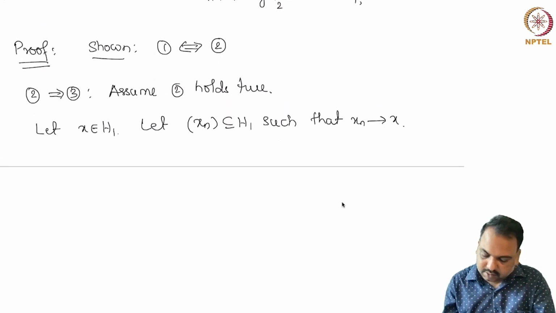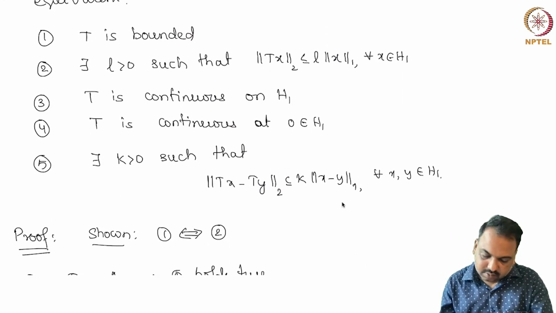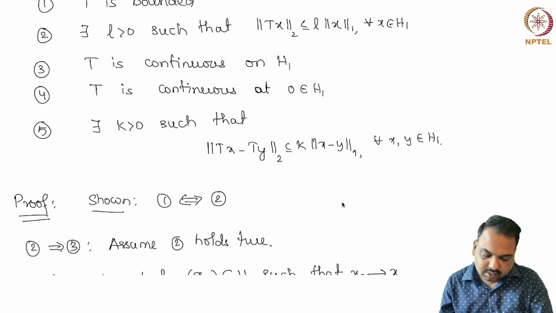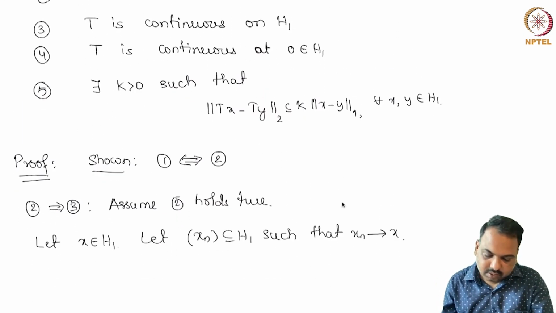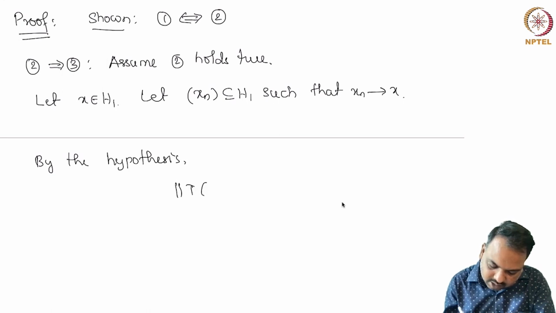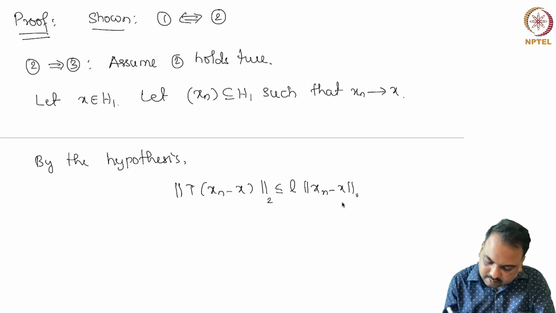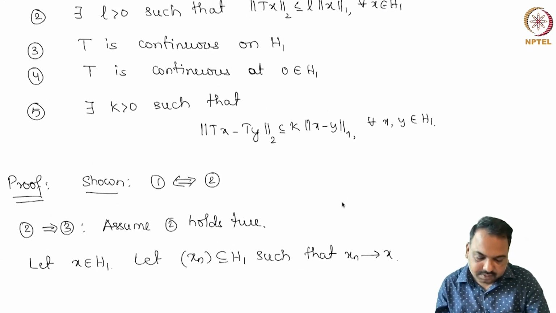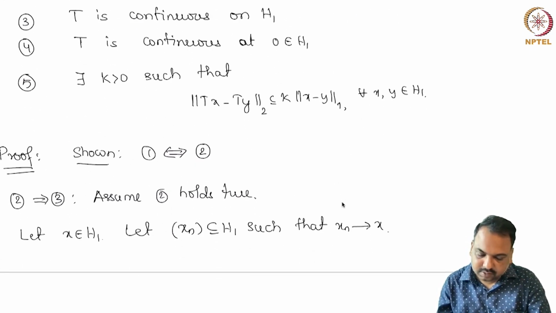Now, by condition 2, by the hypothesis, the norm of T(xn minus x) is less than or equal to L times the norm of xn minus x, right, by 2.